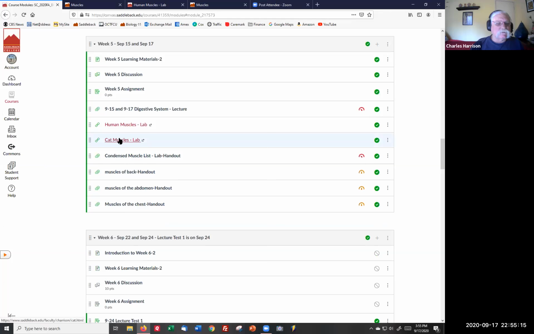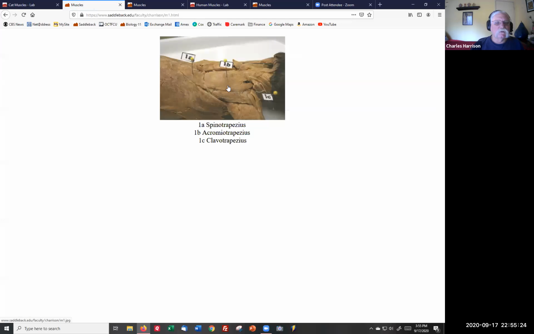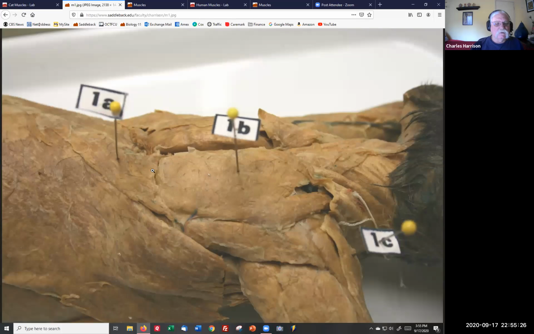For the cat muscles, we're going to do the same ones. The trapezius was the most superficial of the back muscles. The trapezius ran from this point back here over to here and to the neck.